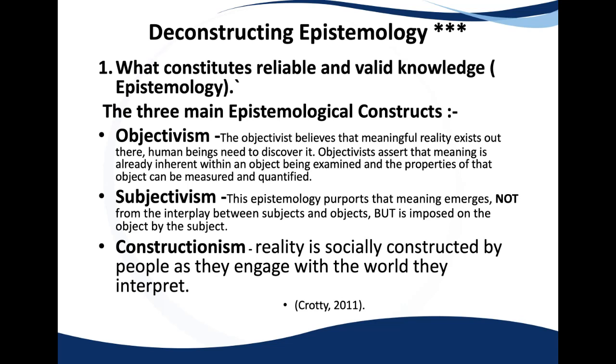So what objectivism is basically saying is that there's an objective reality out there, and if you ask someone to find out about their experience of this session that I teach, they should all tell you about the same truth, because there was just one experience of being taught. An objectivist would believe that the answer would be one answer. Any other answer is not to do with the experience being different.